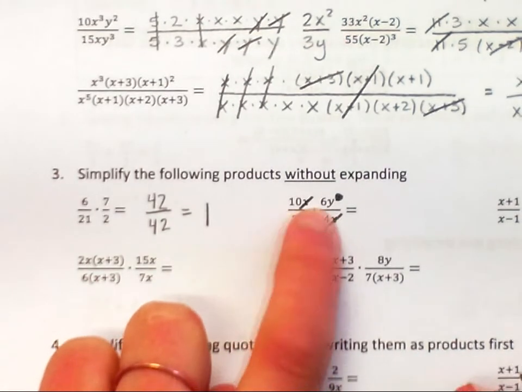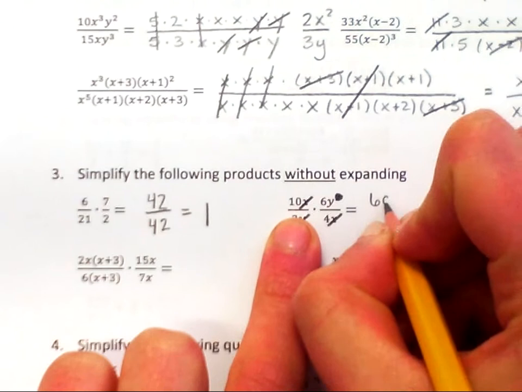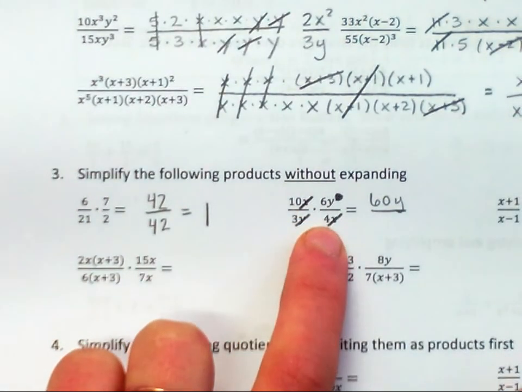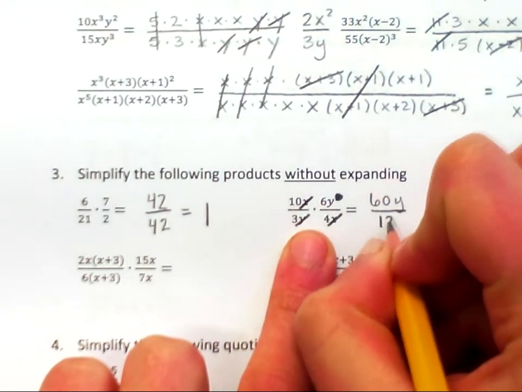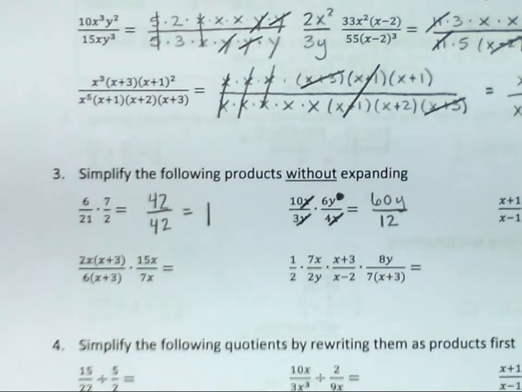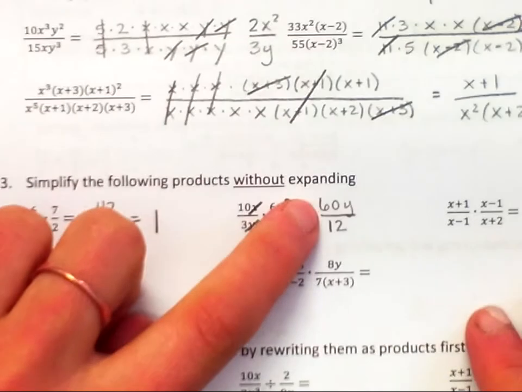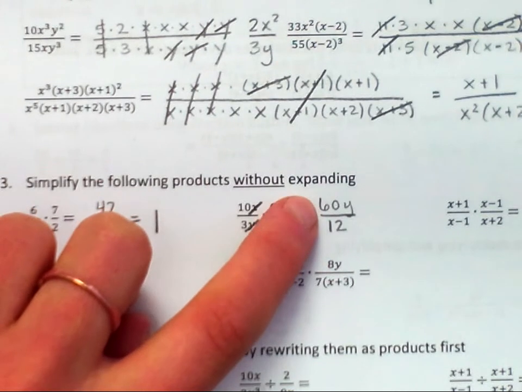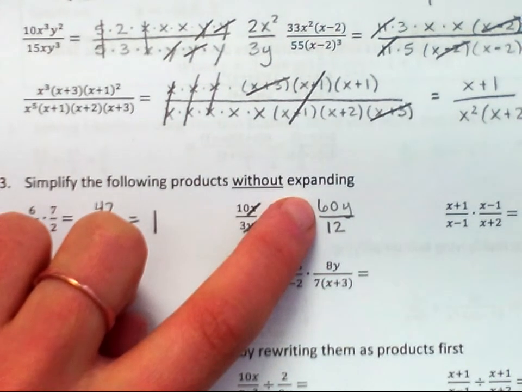So now I have 10 times 6, so I have 60y over 3 times 4. So 60y over 12. So I happen to know 60 is divisible by 12. So if I'm not going to expand, we're going to have to start thinking about this as a reduction of a fraction.